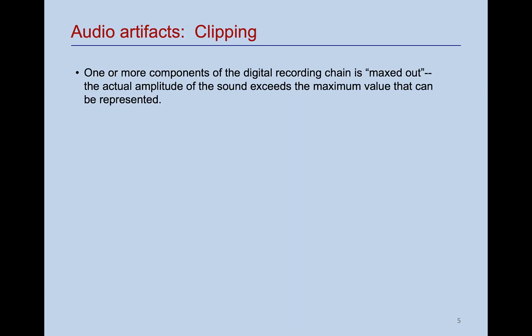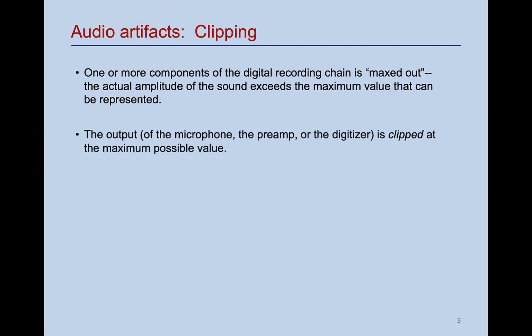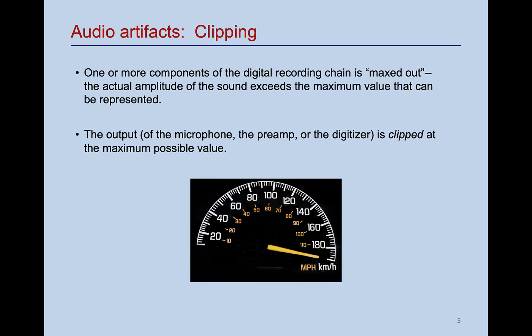Clipping occurs when the input to one or more of those three components, either the microphone, the preamp, or the digitizer, exceeds the maximum value that that device can accurately represent in its output. When this happens, the output of the device is said to be clipped at its maximum possible value. As a metaphor for this, consider an analog speedometer in a car.